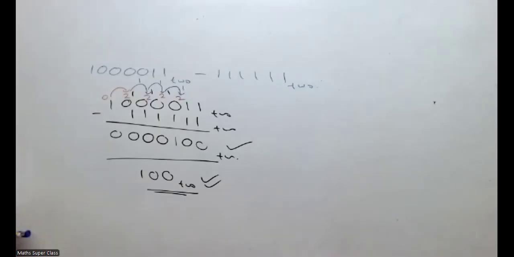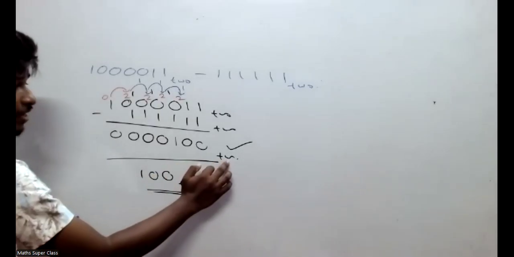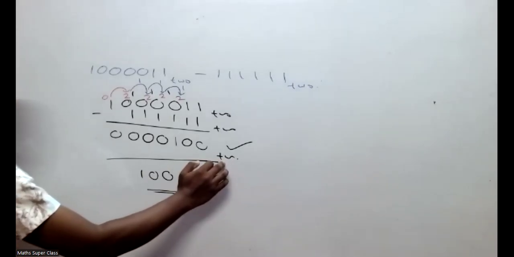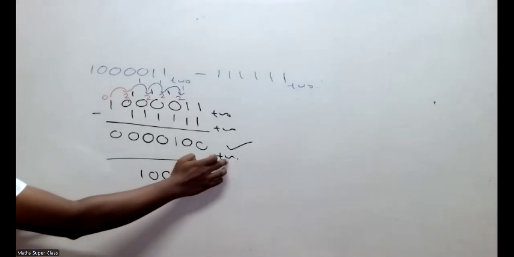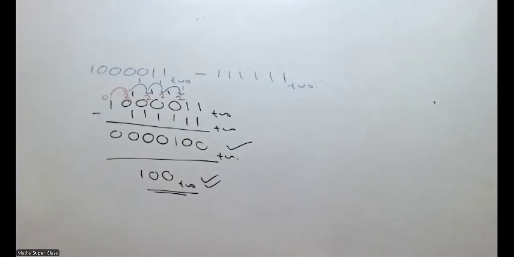This is also correct. But you must write the base 2 here. If you don't write the 2, that answer represents the normal decimal value 100, like 100 rupees, like that value. But here this does not represent 100.